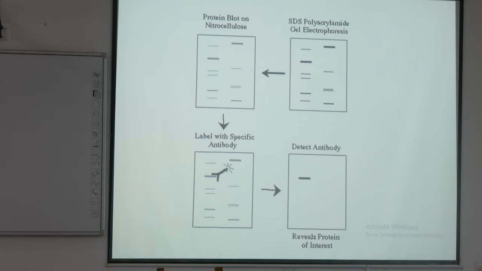We can collect the protein from here, but it will not be sufficient for our other purposes. If we want more amount of protein, then we should take it from gel. And we can increase the amount of protein to be separated by increasing the thickness of the gel slab.